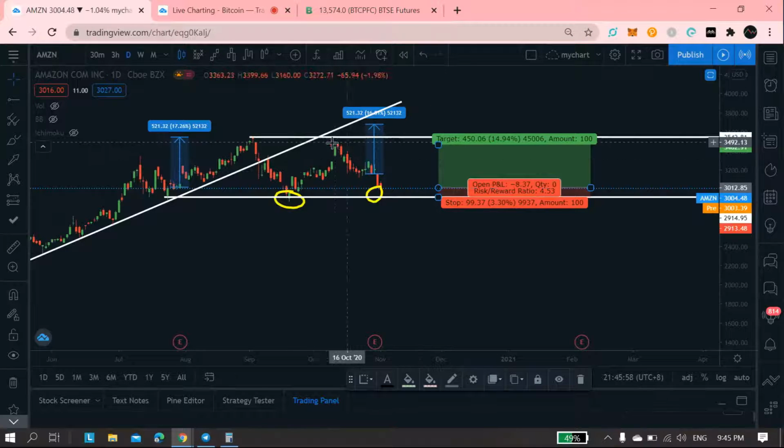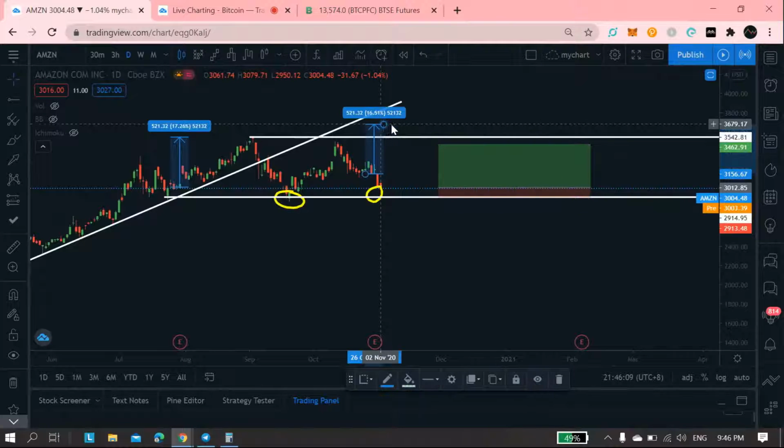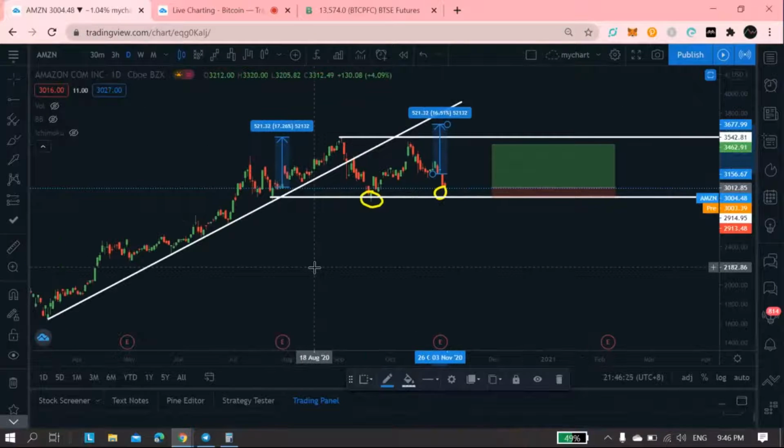But anyway, watch out for this resistance area, because if this breaks this area, we could possibly see around the 3,700 area. So yeah, I think that's it for Amazon. And what's the other one?